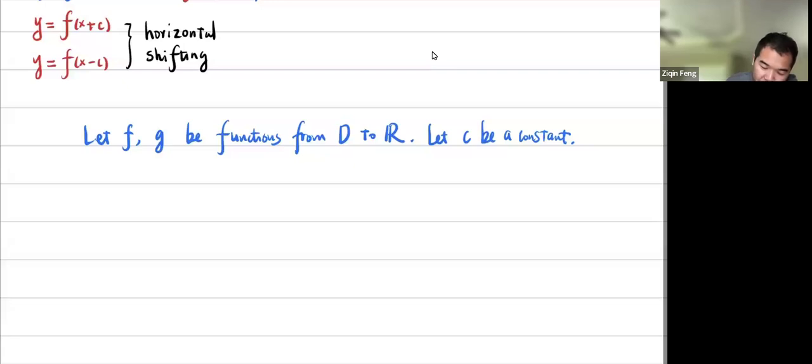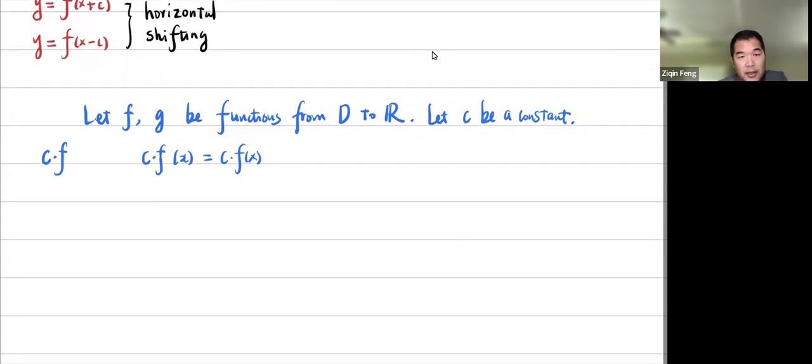We can generate new functions by multiplying the function by a number, for example, c times f. That's a function. If you take any x from our domain, c times f of x is c times f of x. So our first new function just multiplies the function value by c.